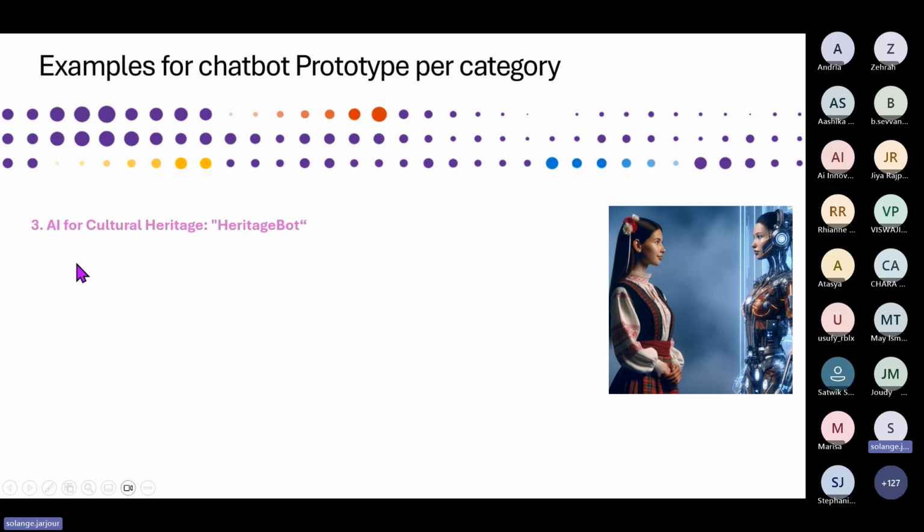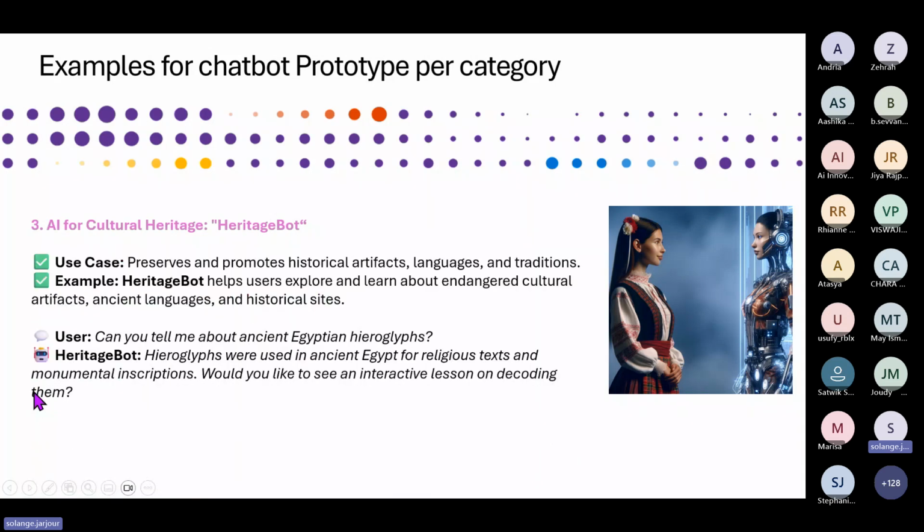So under the category Yes, AI, we have one about telling us about the cultural places we can visit. Nice, very nice example. So here, for example, if I want to learn about the ancient Egyptian language, I can ask the chatbot to tell me more about it, or maybe I can upload an image and ask it, for example, to translate the written text in this image.